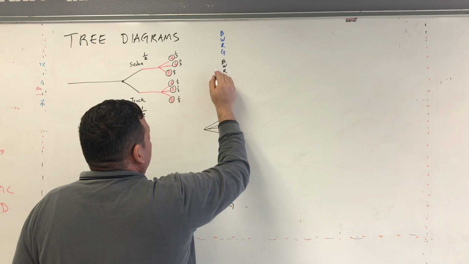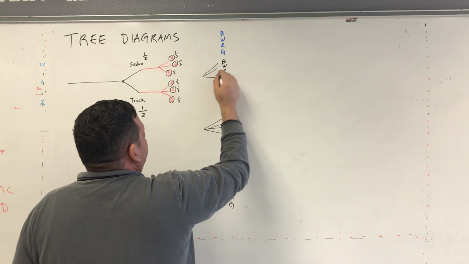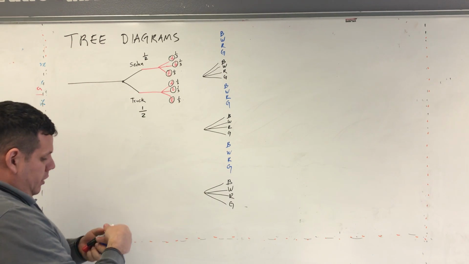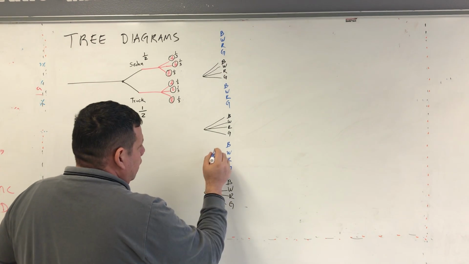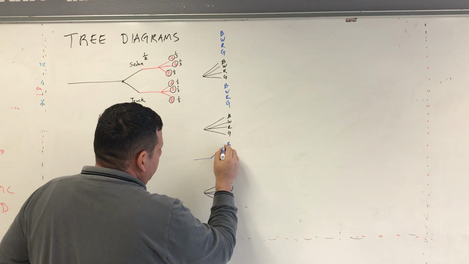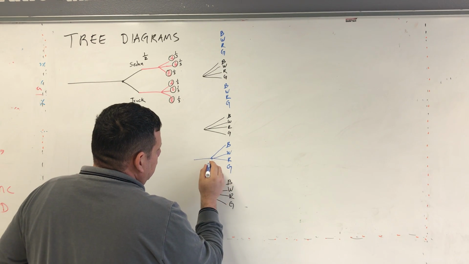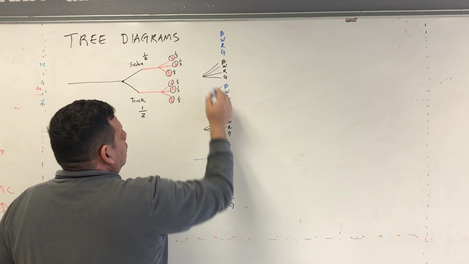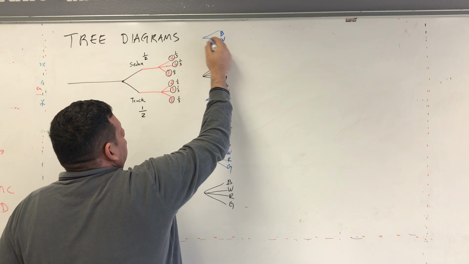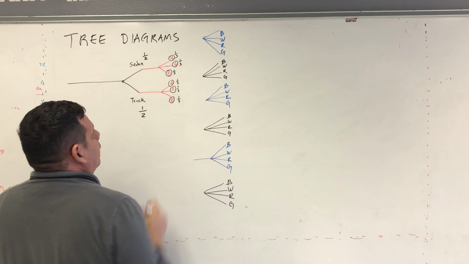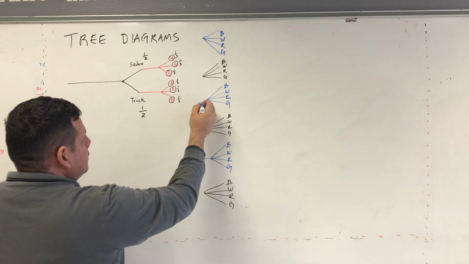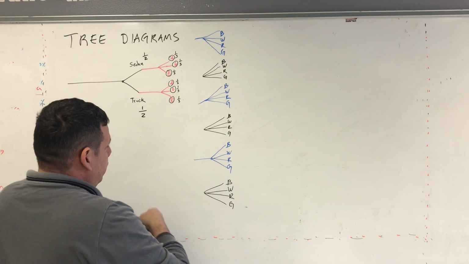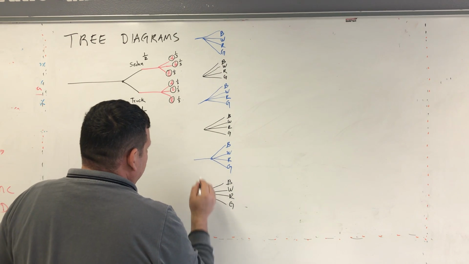So we have a lot of branches. As you can see, we have a lot of possibilities. Now this will be connected with all the previous branches.